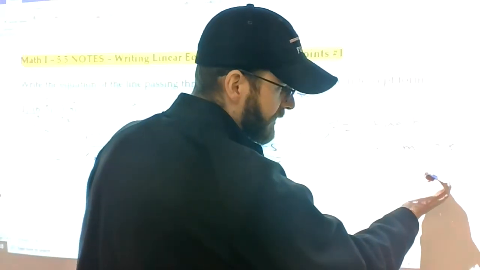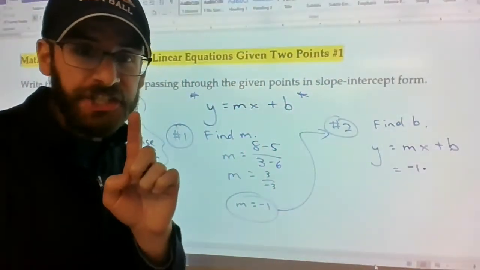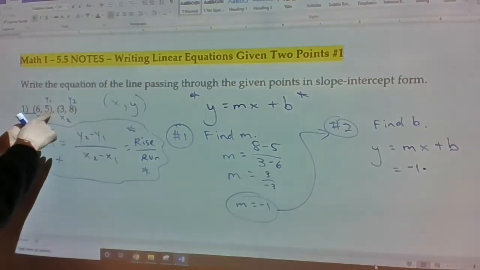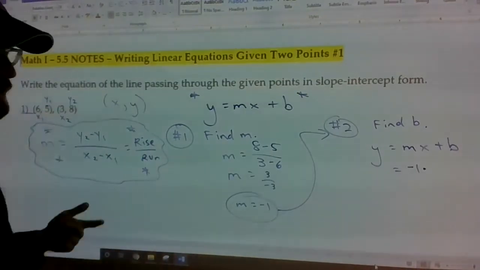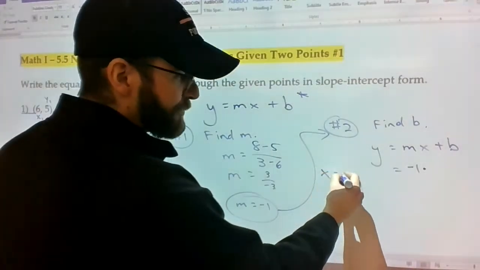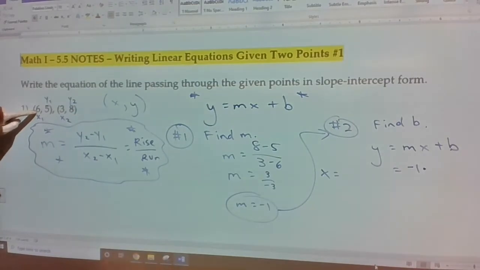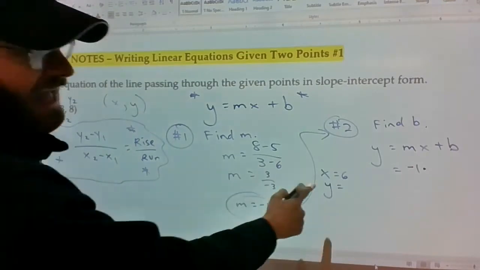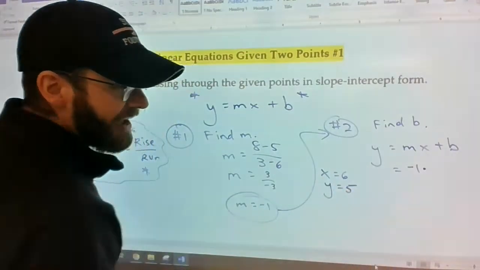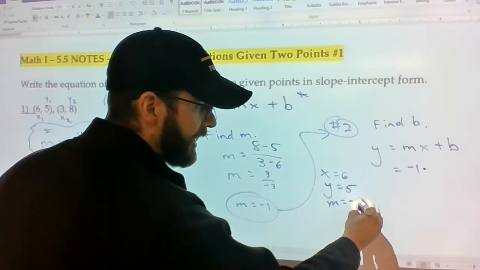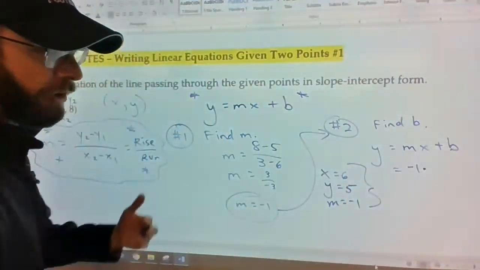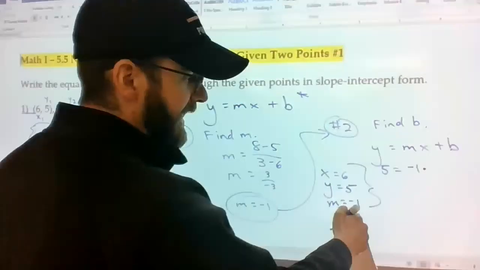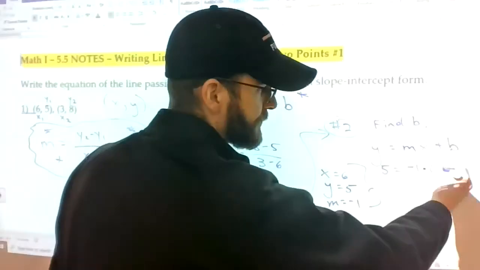With x and y, we can actually pick the x here coupled with the y here. So I can say, hey, let x be 6. And let y be 5, all right? When x is 6, y is 5, and we know that m is equal to negative 1. If you use those 3 pieces of info, you can plug into the equation 5 for y, negative 1 for m, and then 6 for x.